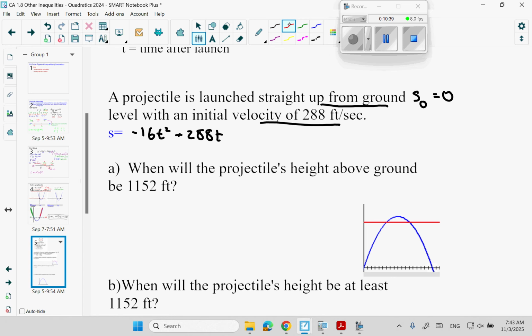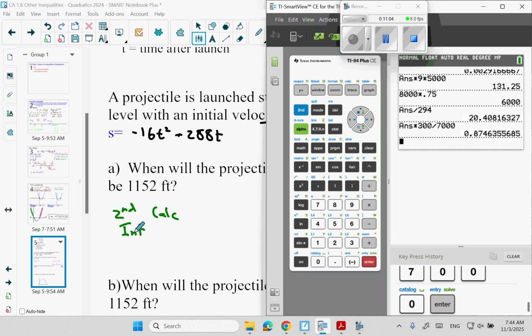Well, there's a couple ways you can go about solving this. This first one we have is S equals negative 16 t squared plus 288 t. And the second one I graphed is 1152 feet. And what we can do is second calc intersect on our calculator. So let's see if I can just do that here quick.